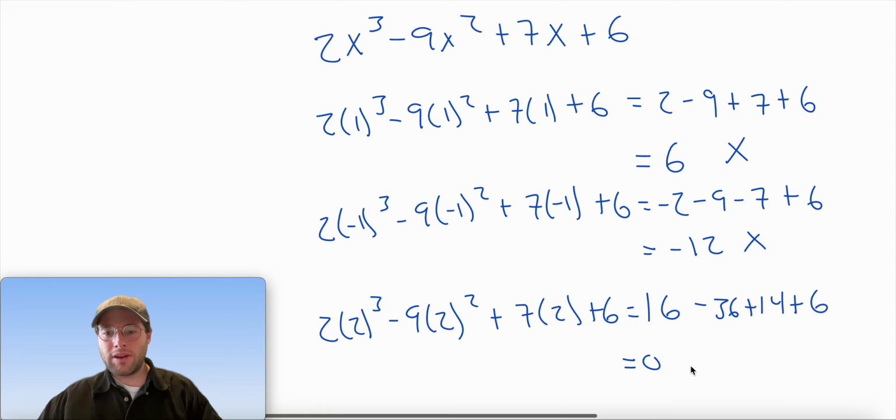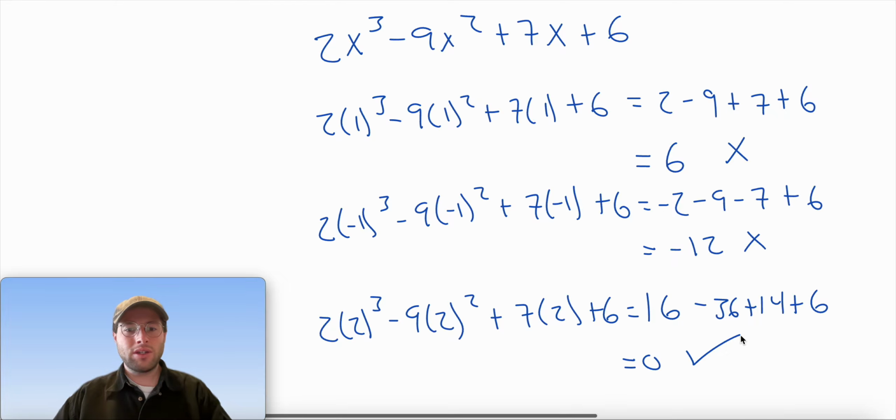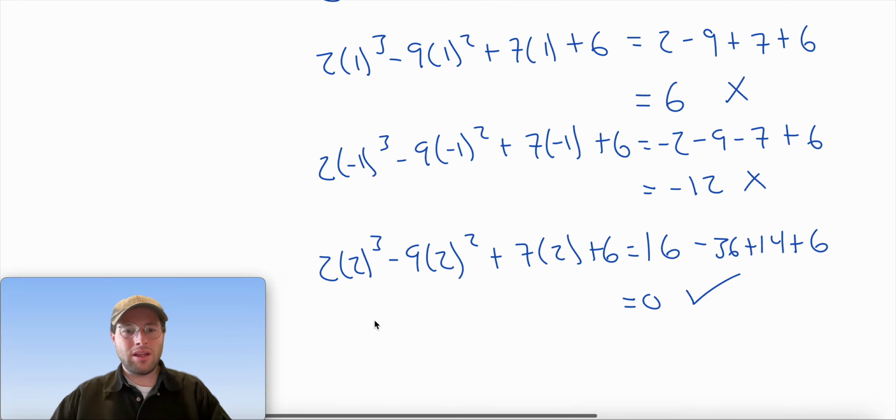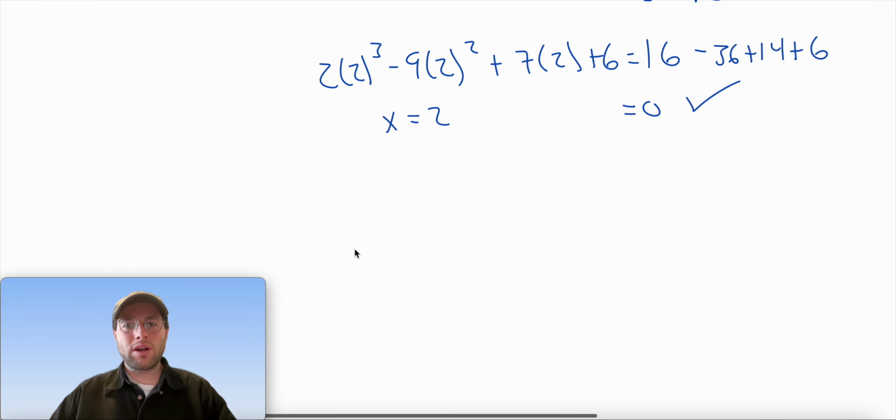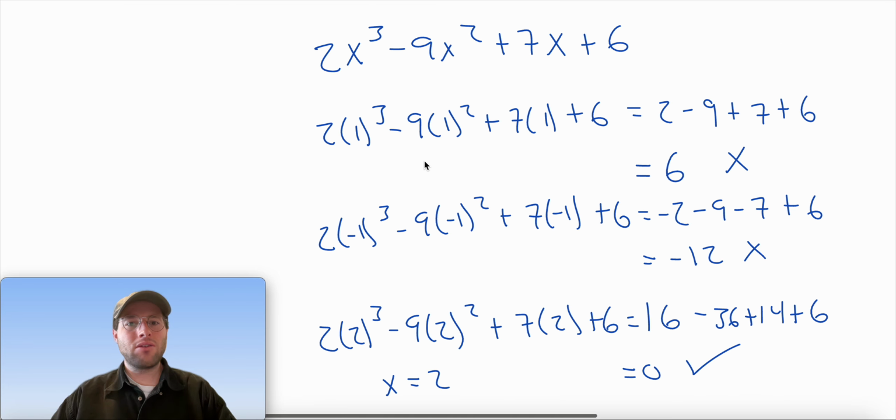So we just found one of our roots here, which happens to be 2. So when x equals 2, our polynomial is 0. So now that I found that root, what I want to do is use synthetic division. And so we're going to set up our polynomial by looking at the coefficients here.